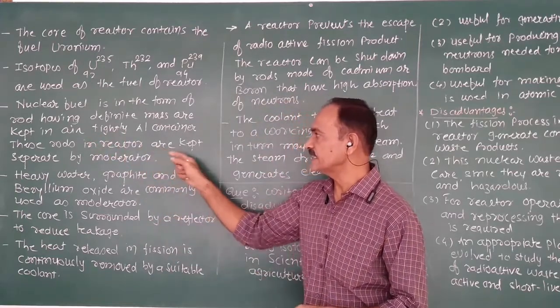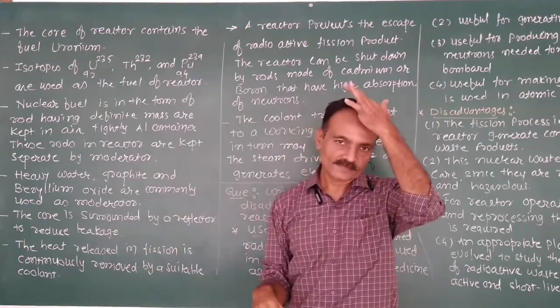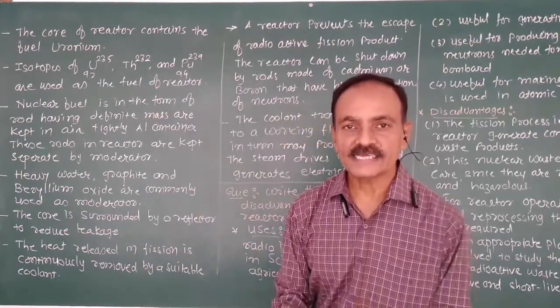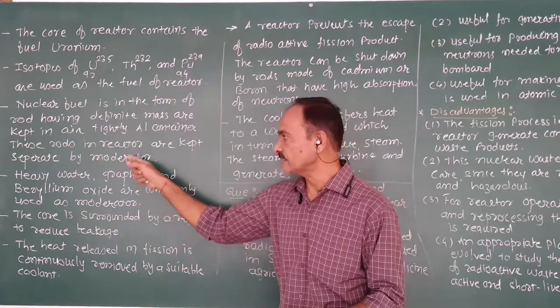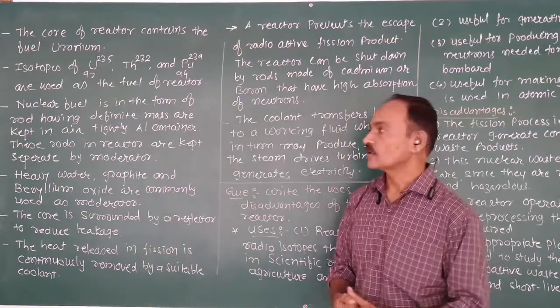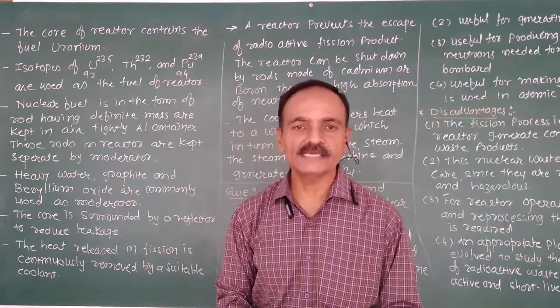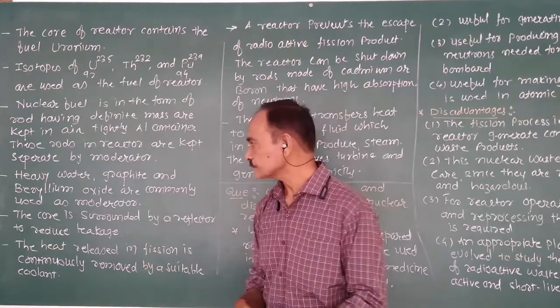These rods in the reactor are kept separate by the moderator. These rods are not connected with each other. Each and every rod of aluminum container is separated by the moderator. So that is about how the fuel material is filled in a core of the nuclear reactor.